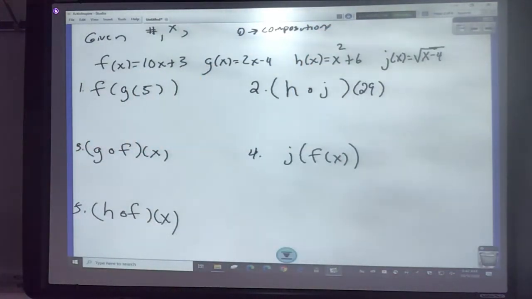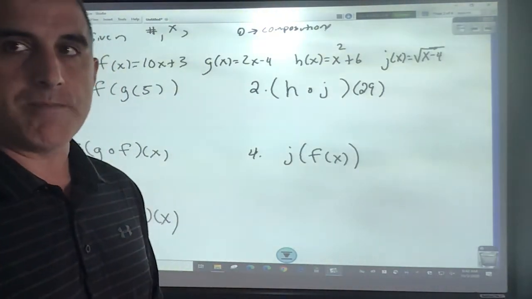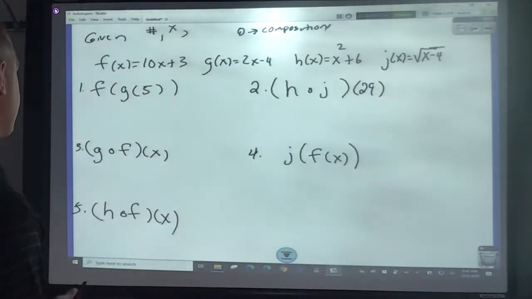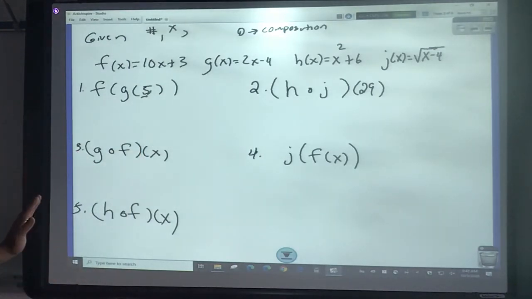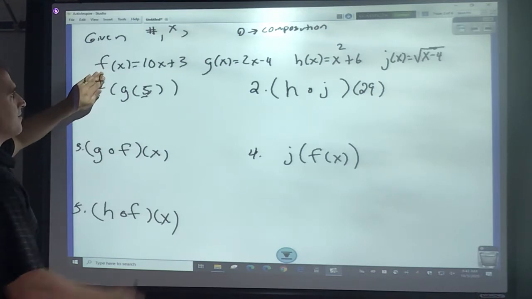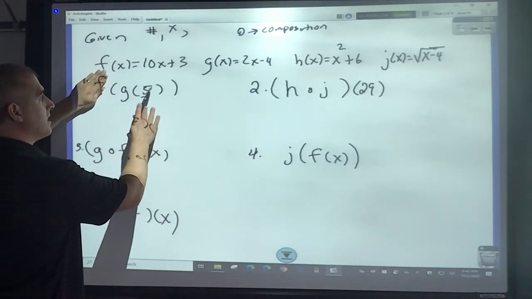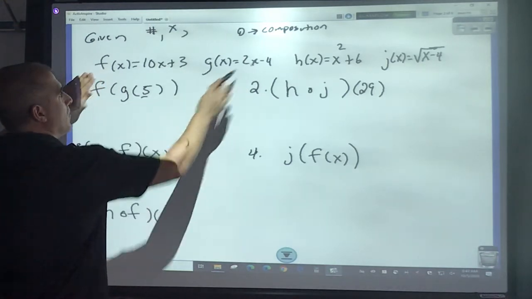Now, there's a little bit different of a process for the number as opposed to when there's a letter at the end. If there is a number, I think this is the easiest way to do it. I'm going to pretend like the f is not there. We did this in the last unit. g of 5 means put 5 in for x.